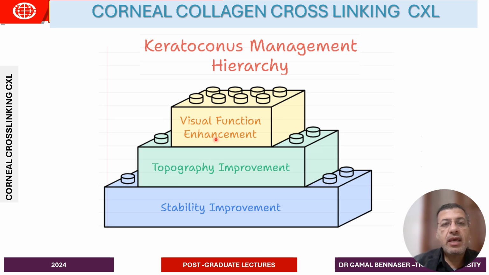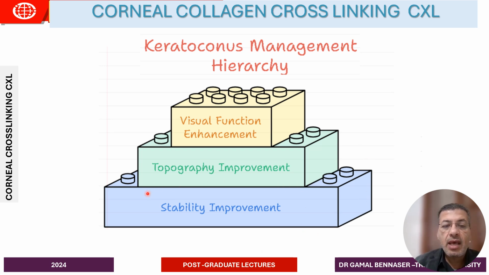Also, we are in the era of LASIK and refractive surgery, and because of the safety of cross-linking, we can combine it with different laser vision correction techniques like SMILE, PRK, or LASIK. So now cross-linking will cover all these aspects in the management of keratoconus.